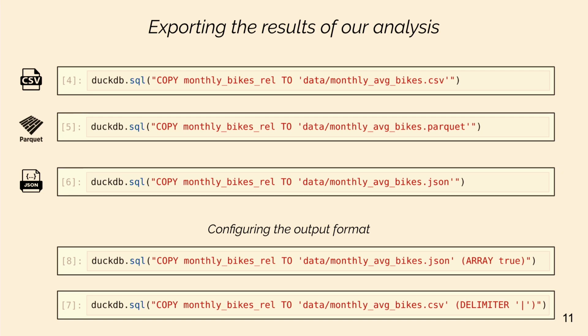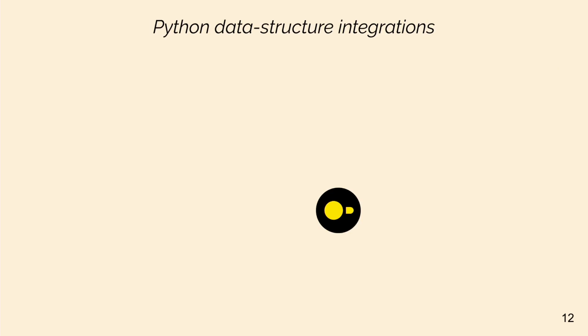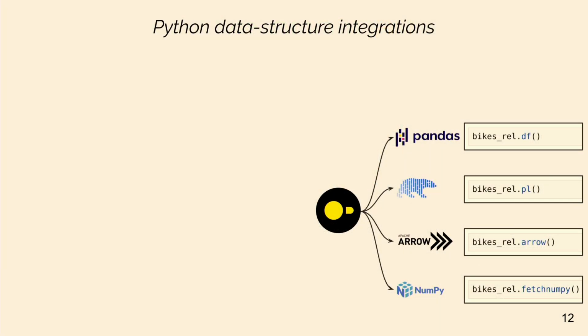So that's exporting the results of our data set. But we probably want to take a further step out and see how DuckDB sits in the broader Python ecosystem. One of the really amazing things about DuckDB is that it plays alongside other Python data structures. We can readily export to things like pandas, polars, arrow and numpy, by taking those relationships and expressing how we want to generate those data frames.